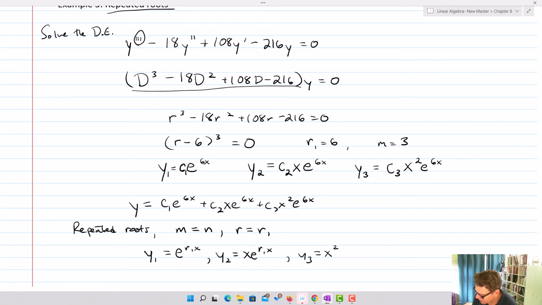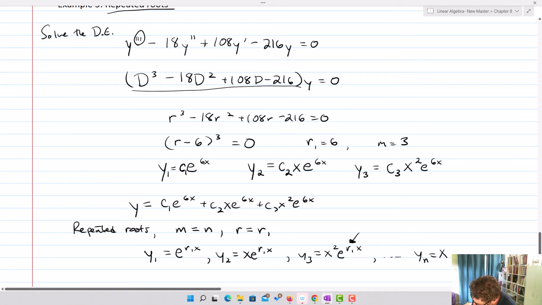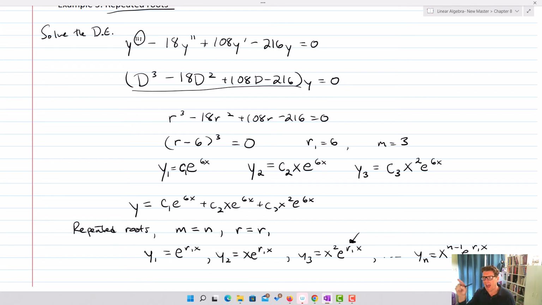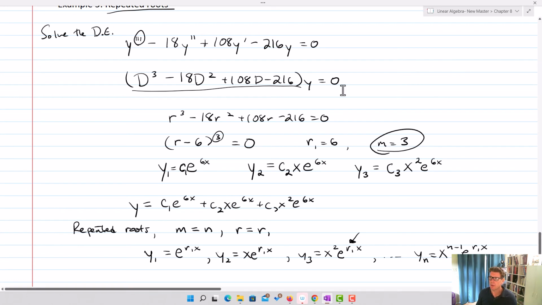So we're just going to add in a power of x, keep the root, all the way until we get yn equal to x to the n minus 1 e to the r1x. Just add an x each and every time for as many solutions as you need based upon the multiplicity of the root. Okay, and that's actually how we deal with repeated roots.